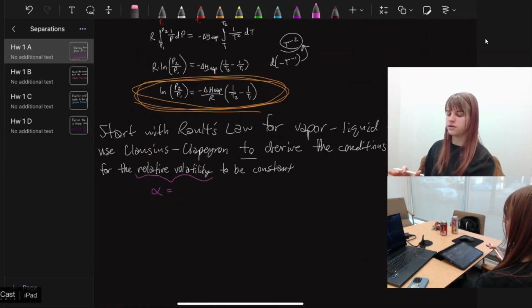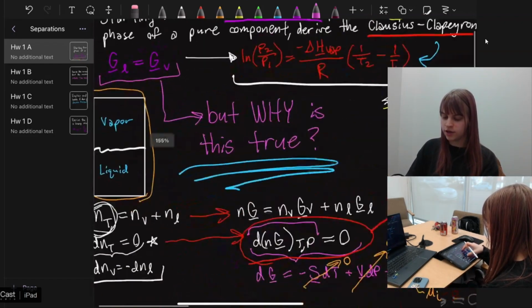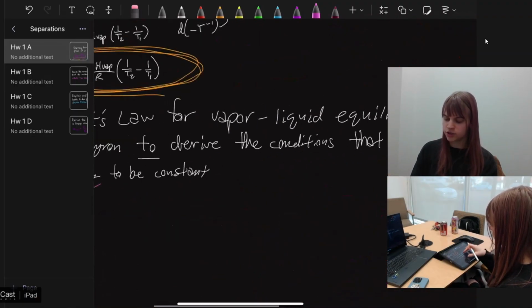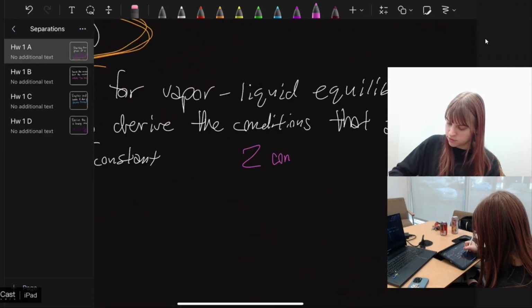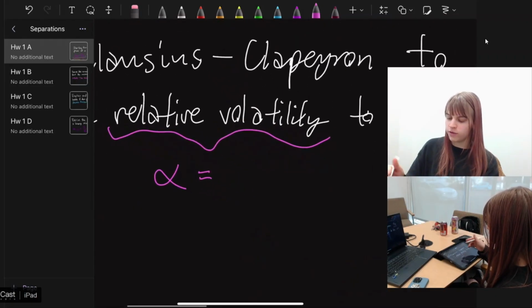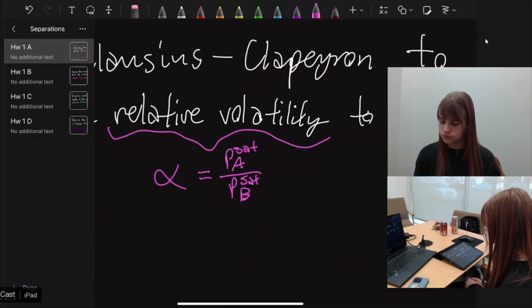So actually this is not like the problem we did up here, because up here we had one pure component. Down here now we're talking about having two components. And we want these two components to have a relative volatility, which would be their saturation pressure ratio to each other.